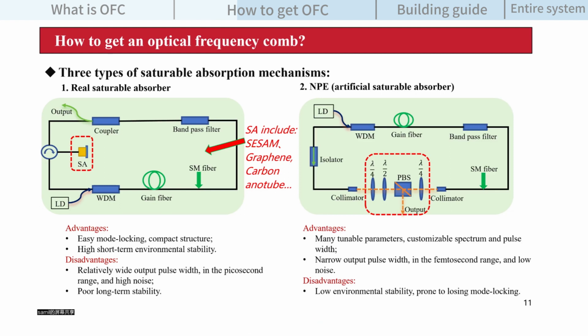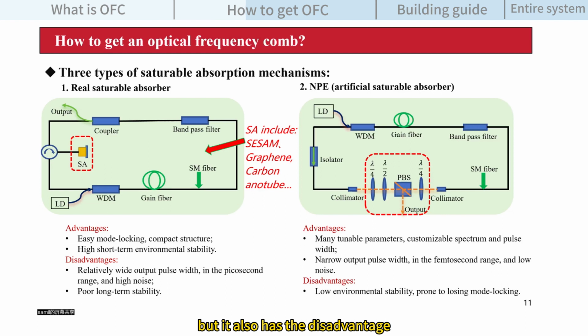And this structure has the advantage that it has many tunable parameters. You can see these things can all be tuned, so it can customize the structure and the pulse width. And the output pulse width is very narrow. It can generate the femtosecond range, and it has much lower optical noise.